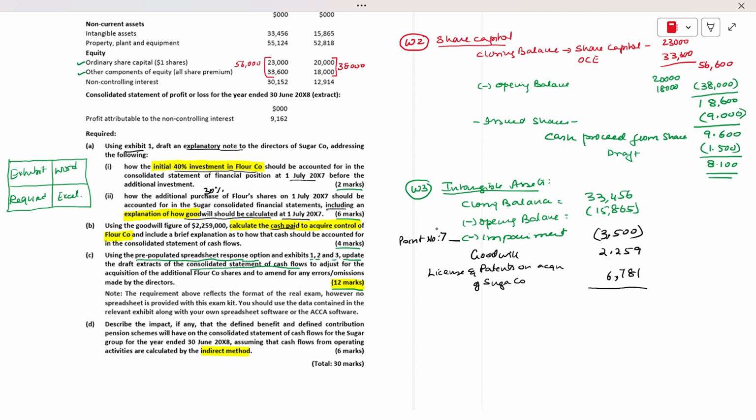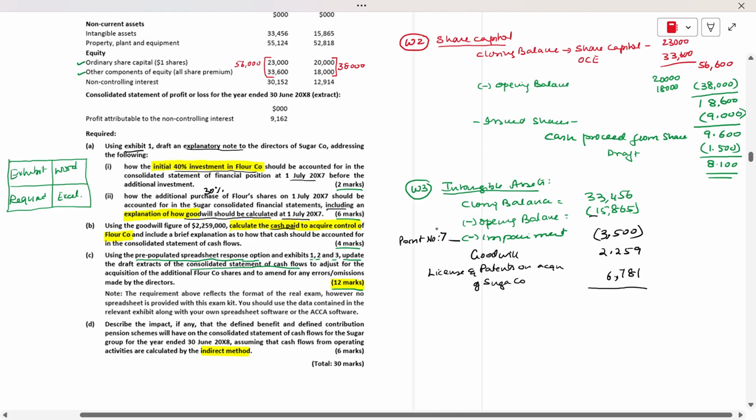How much? 23,131. Closing balance is how much? One second. One minute.